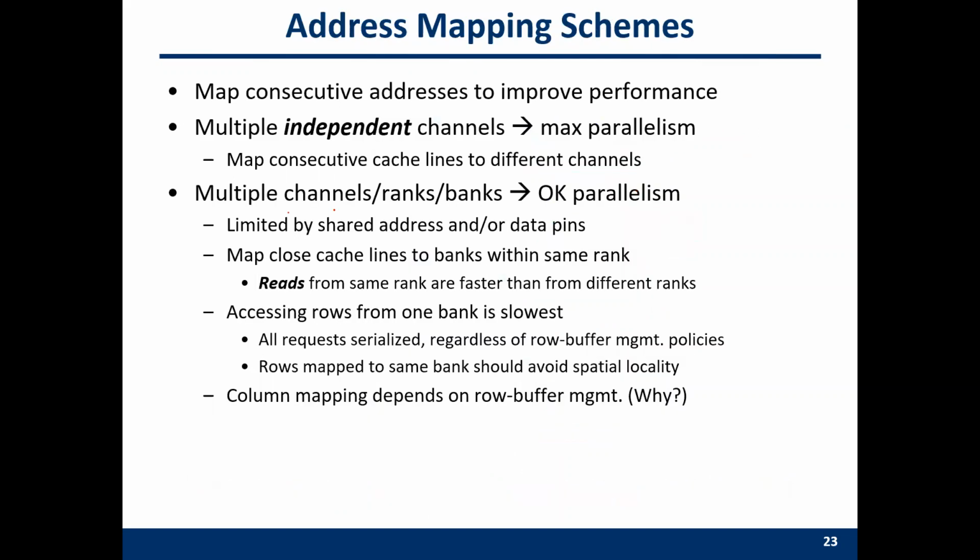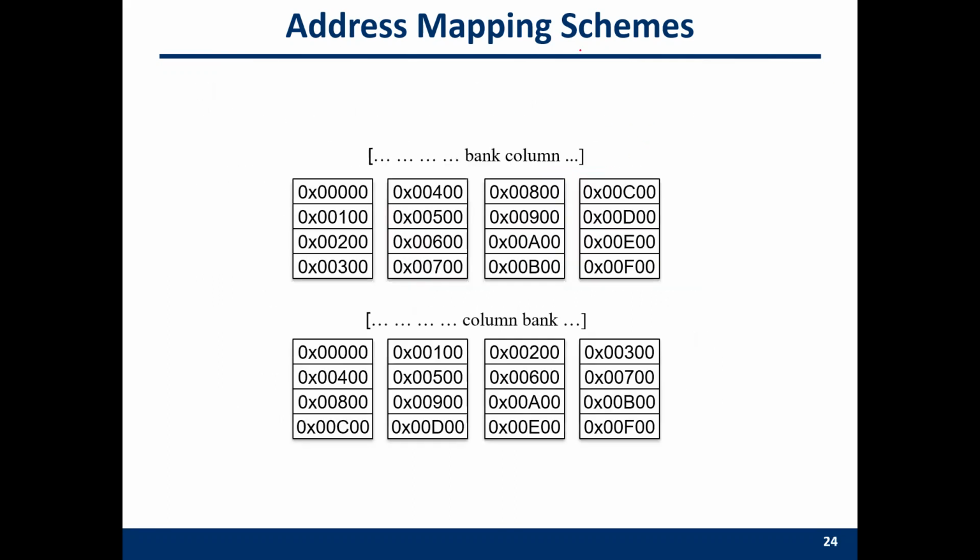So you have a lot of units to manage, and you need to maximize the parallelism among these units. And you also need to consider the row buffer hit rate. And that's the reason why we have different mappings like this.